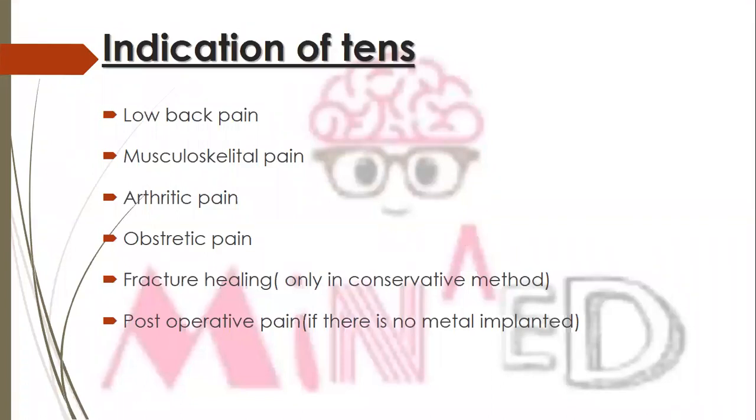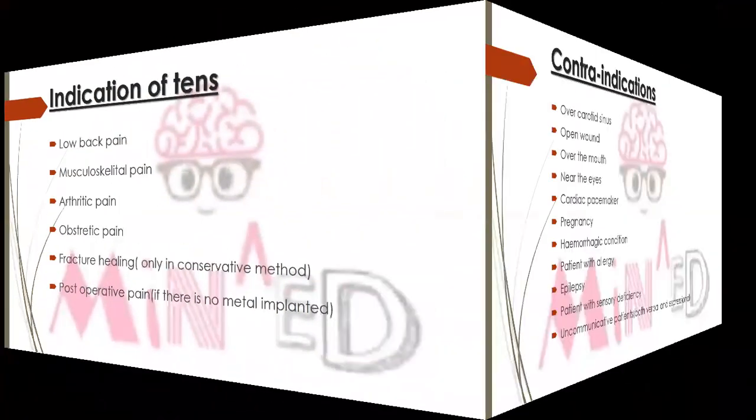Otherwise it will be very painful or a very bad situation for the patient to handle the stimulation sensation. Okay, the post-operative pain where there is no metal implantation, again also the same, but some difference.